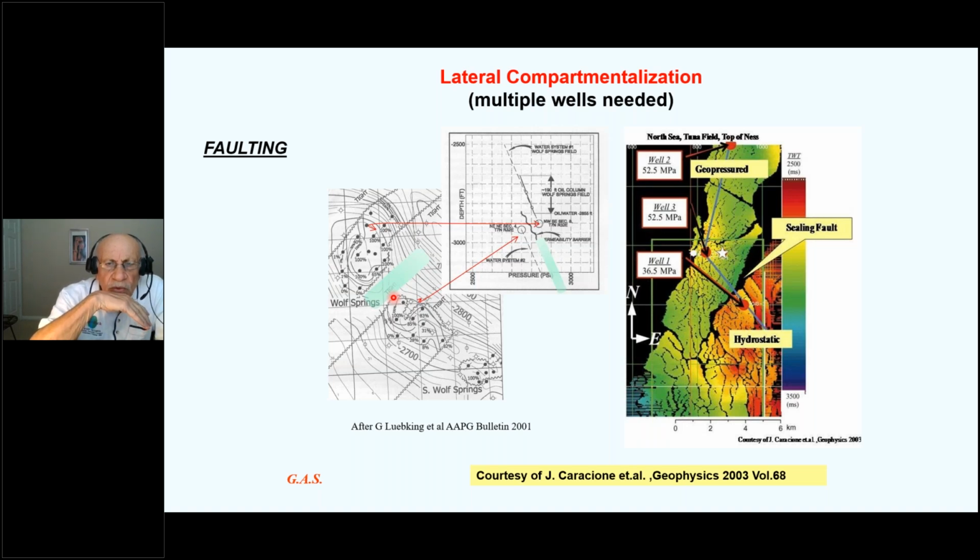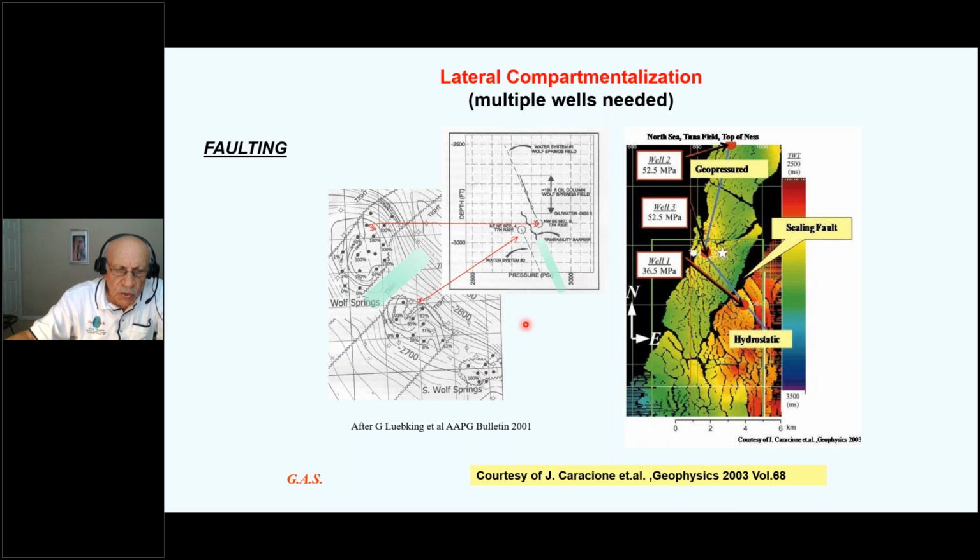Compartmentalization also is not only vertical, it is horizontal. And this is a field from the North Sea. I have permission to copy this from the Geophysics 203, and you see the gradient here across the fault, the pressure gradient is completely different.